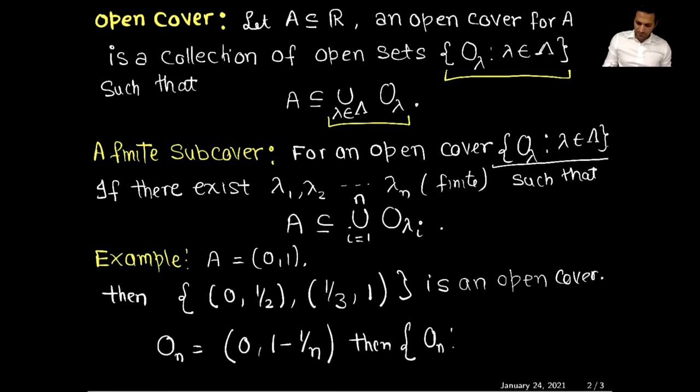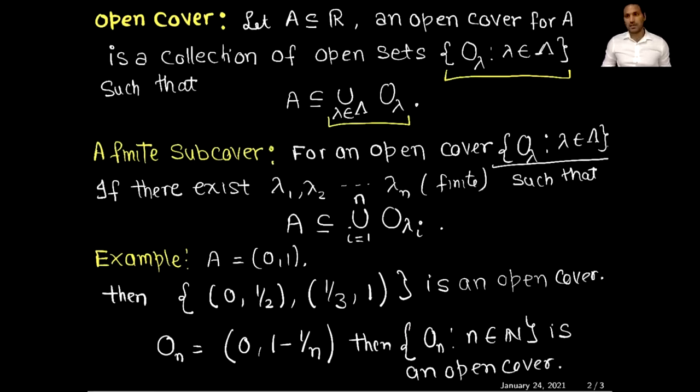This collection, where n belongs to the set of natural numbers, is an open cover, and this collection contains infinitely many sets, and it is also clear that this collection will not have any finite subcover. So it is not necessarily true that every open cover has a finite subcover.